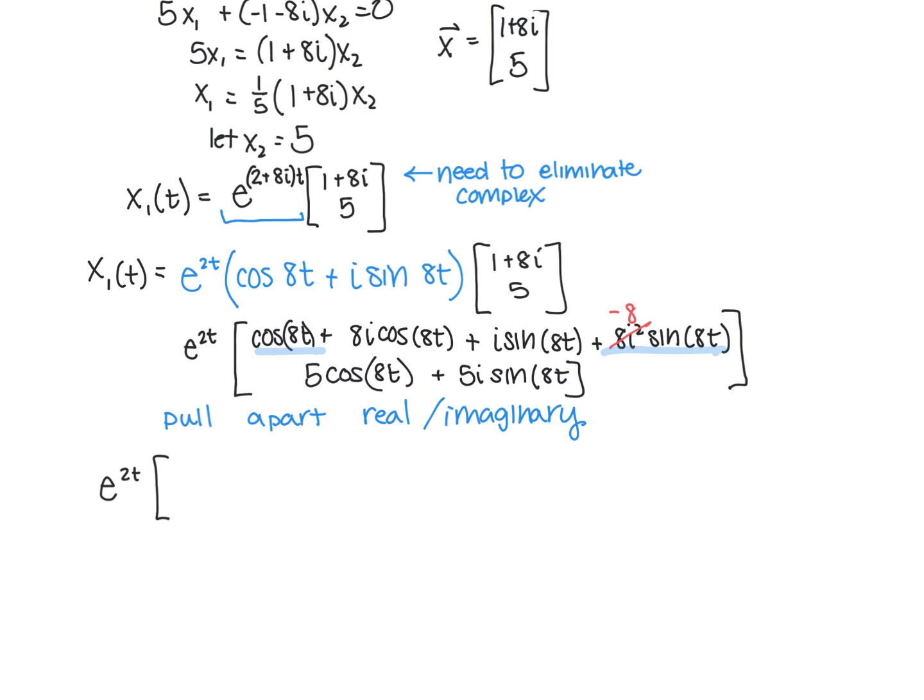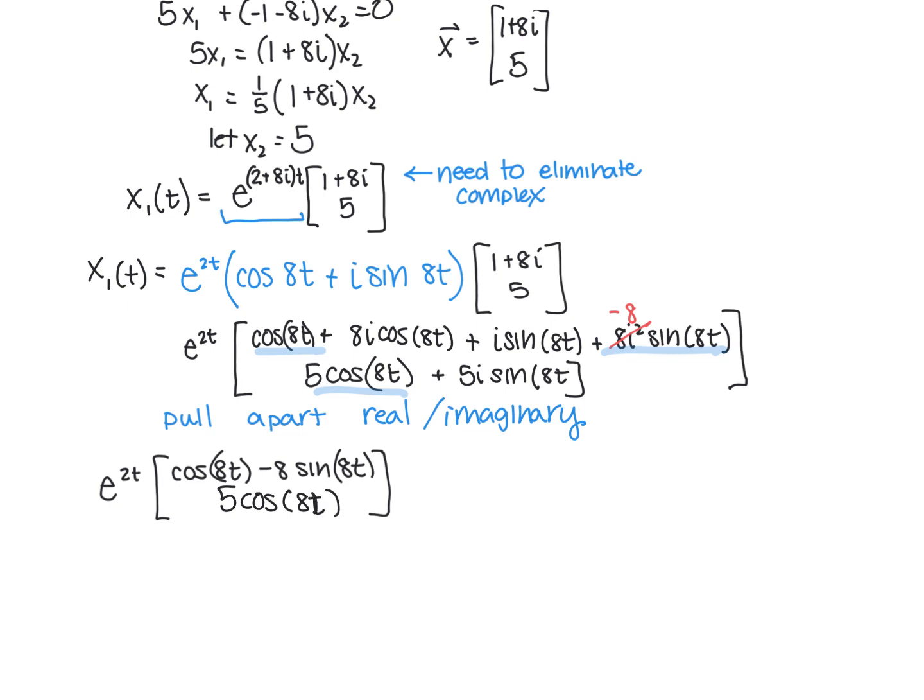So I get cosine 8t and negative 8 sine 8t. And my real part in the second row is the 5 cosine 8t.